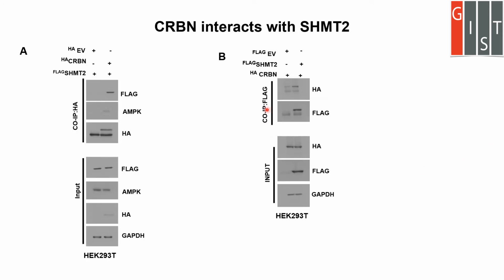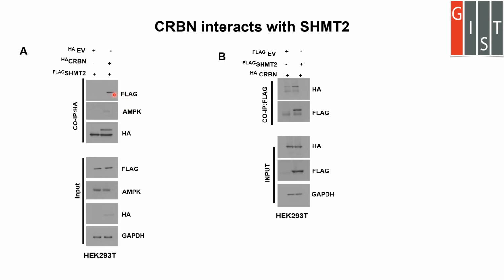Next, I cloned the SHMT2 gene into Flag plasmids and the CRBN into HA plasmids in order to check that interaction by means of co-immunoprecipitation. In this result, I did a co-immunoprecipitation of HA-CRBN and SHMT2.